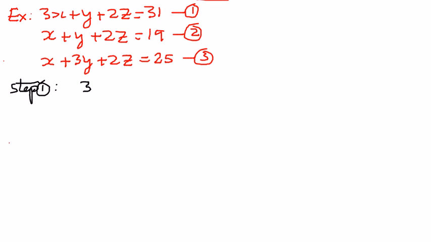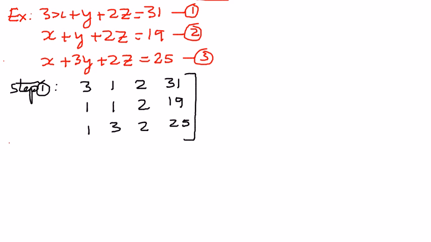So that will be 3, 1, 2, 31, and then 1, 1, 2, 19. Those are the coefficients of x, y, and z in equations 1 and 2. And then in the third equation, the coefficient of x is 1, the coefficient of y is 3, the coefficient of z is 2, and the constant number is 25. This is our augmented matrix.